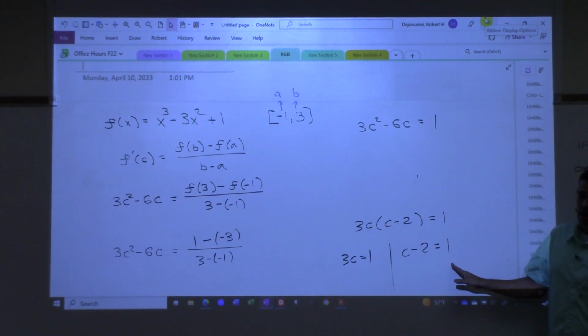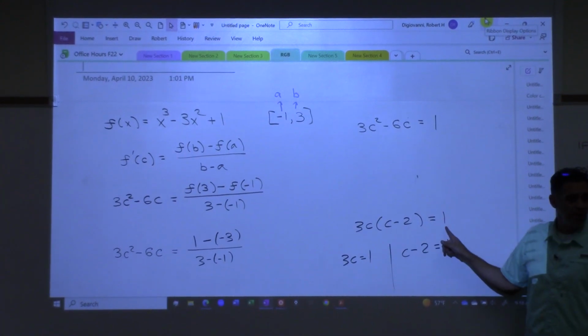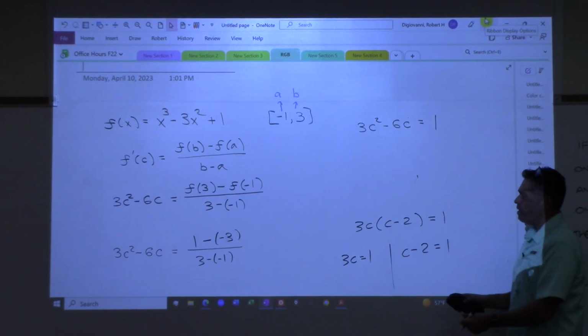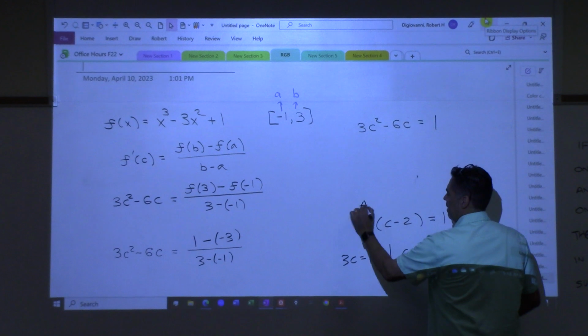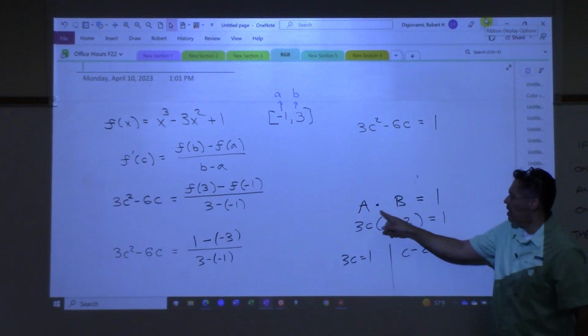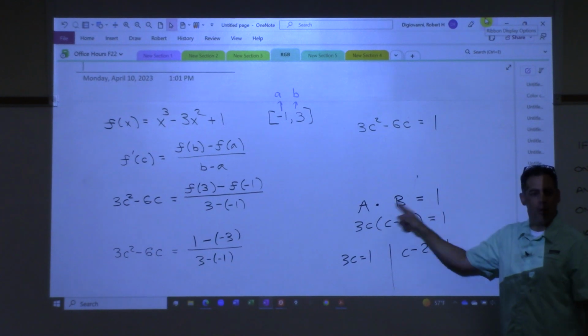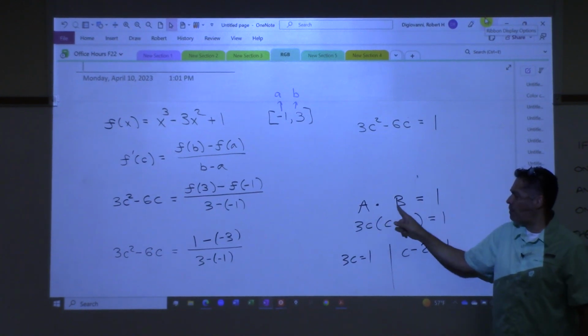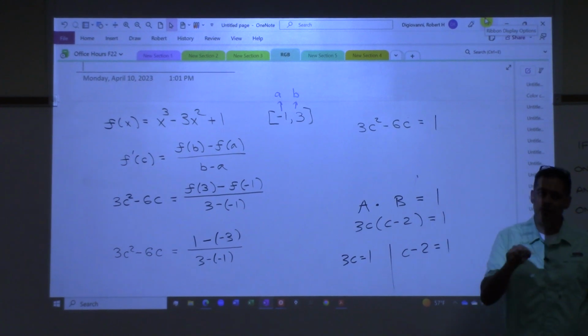No, absolutely not. You can only do this if this is a 0. It goes back to the idea that if I give you two things, A times B, and I tell you they multiply to be 1, does that mean that one of them has to be 1?